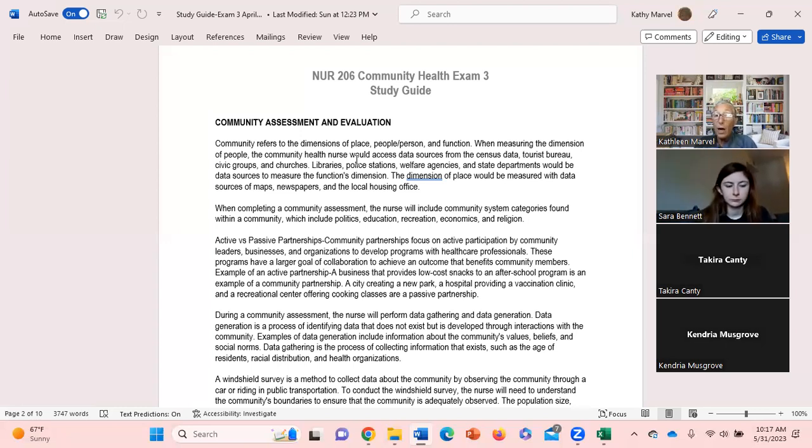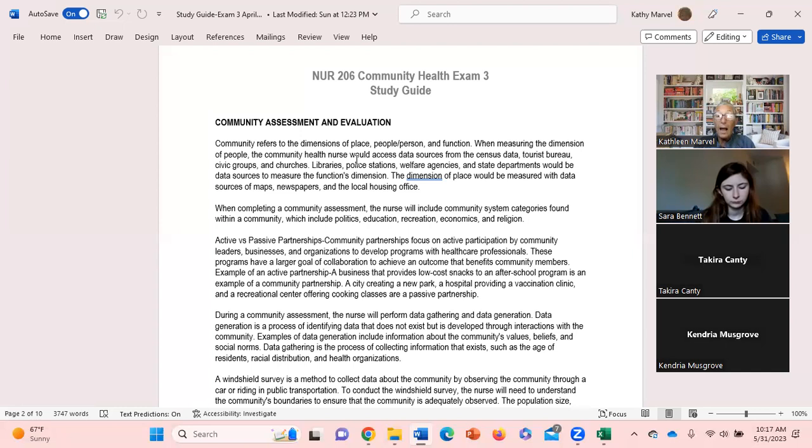So those are the 5 most common system categories found within a community. It will look different in every community. Maybe in one community, politics is much more in the forefront than another community, or religion, or recreation. So you need to understand what those 5 common community systems are.